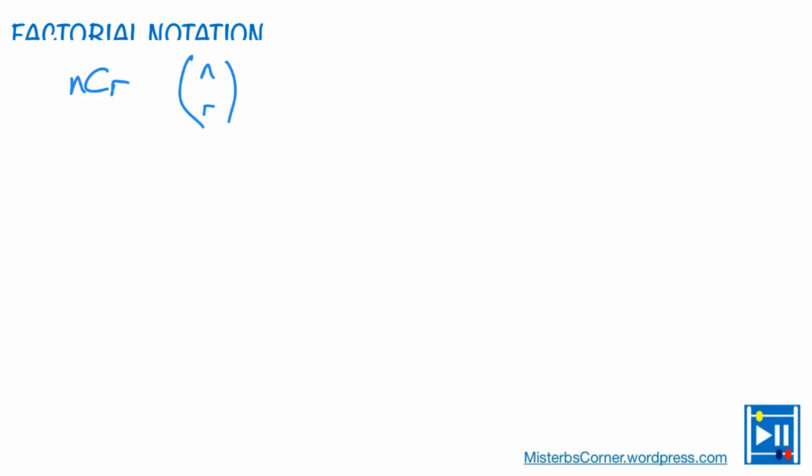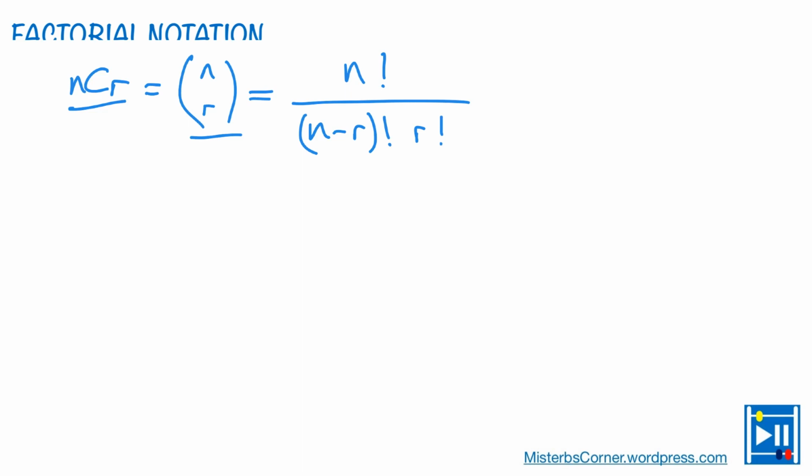You will see these two notations basically, and both mean the same thing, which is n factorial divided by n minus r factorial times r factorial. Well, you don't need to know this, because in your calculator, if you press Shift followed by the division button, you're going to get this C symbol here, which will help you calculate the combination anyway.